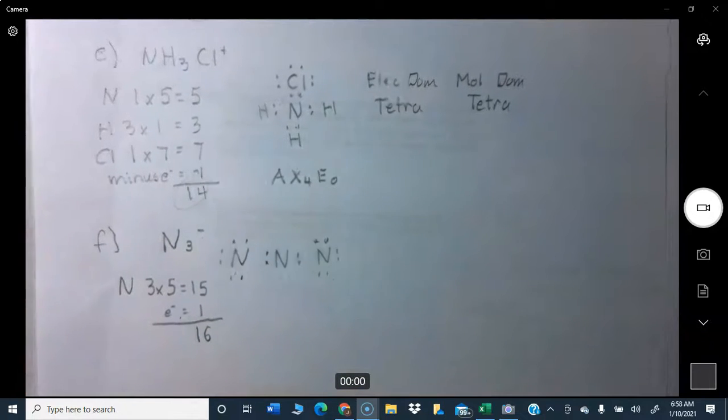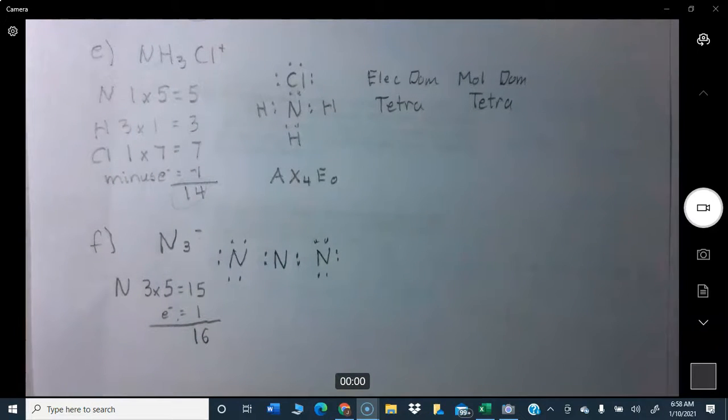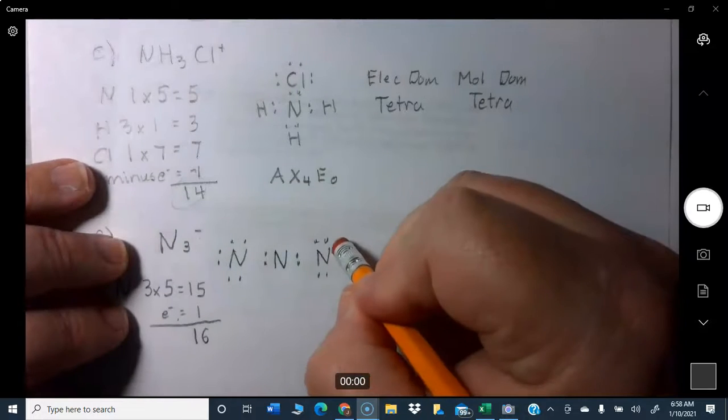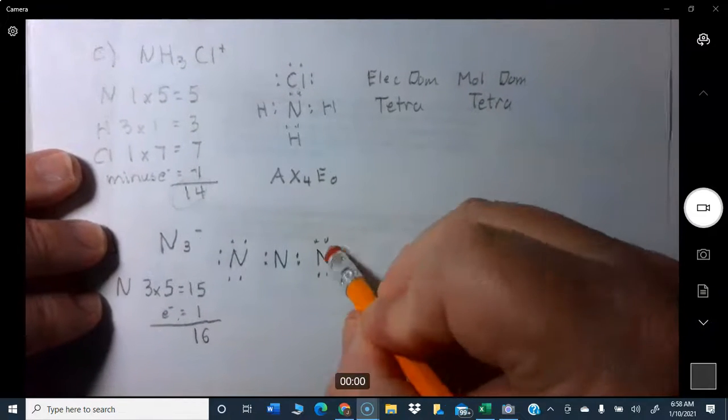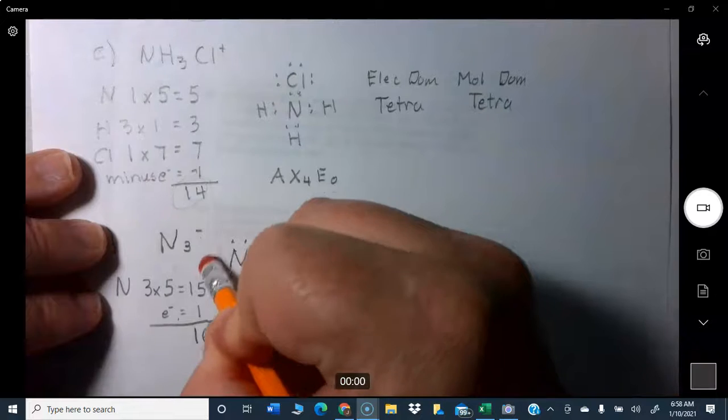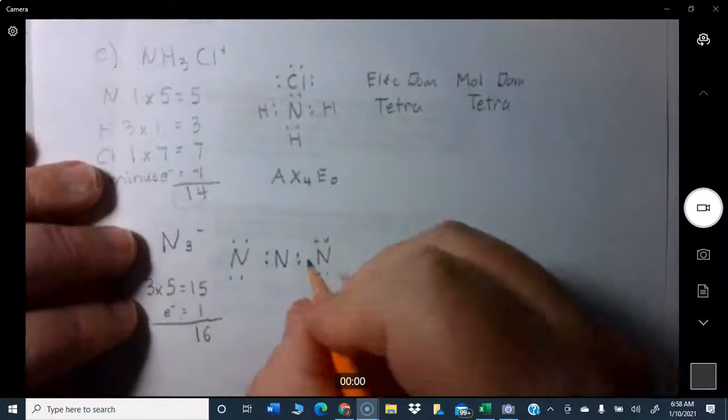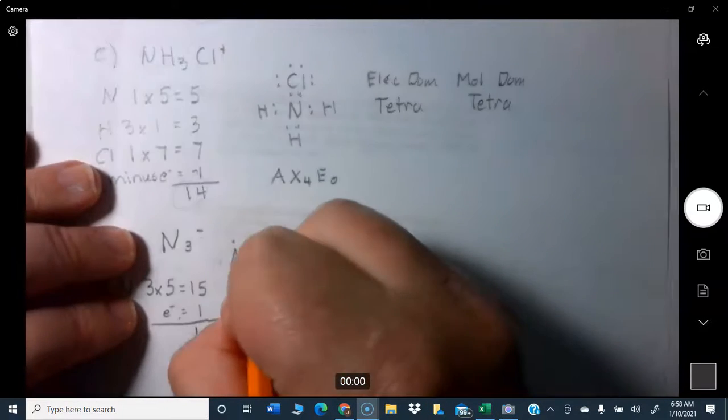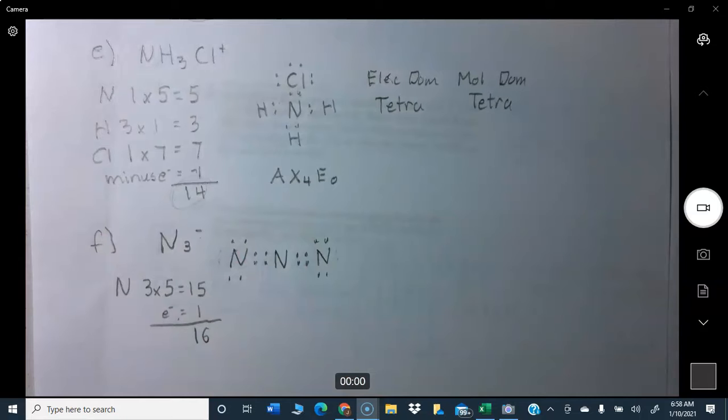So there you have 16 electrons, but the central atom doesn't have an octet, so this looks just like what we did with CO2. We're going to take this one and this one, and we're going to come in here and create double bonds, and that's what that would look like.